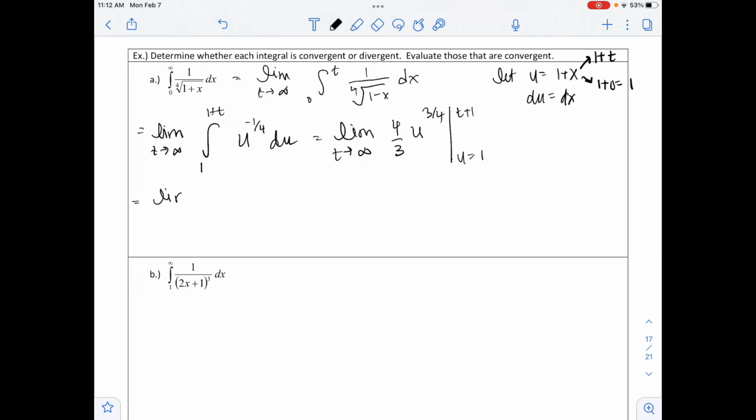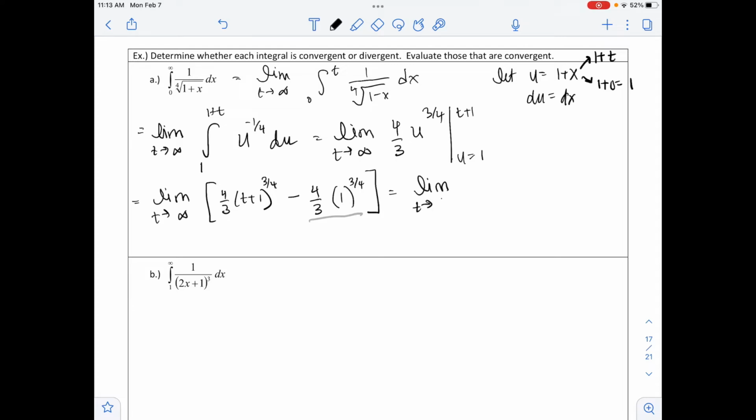And so now evaluating this using the fundamental theorem of calculus, we're going to have the limit as t approaches infinity of 4/3 times t plus 1 to the 3/4 minus 4/3 times 1 to the 3/4. And so now we have the limit on each of these, but notice that your second term here is just a constant value, so taking the limit of that would just be that constant value also.